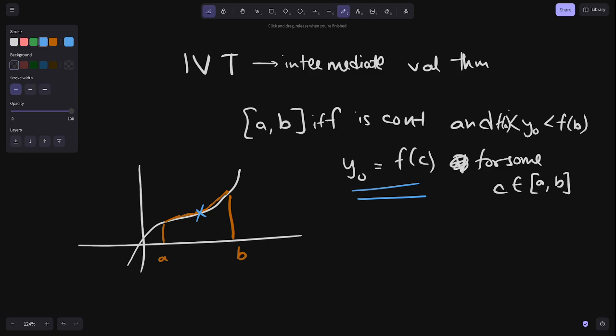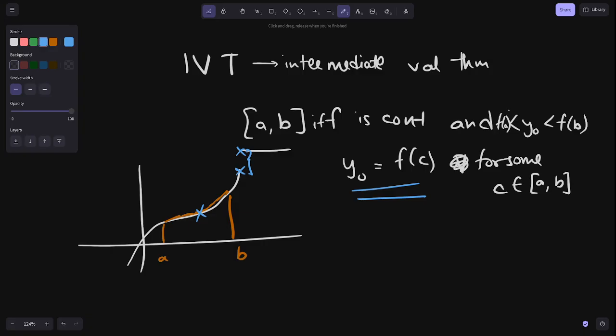If it is not continuous, like for example, let's say we continue this like here. If that was not continuous, you would not have a value here at this point, right? So yeah, that is what we kind of find here. Okay, so yeah, this is continuity basically, nothing else.